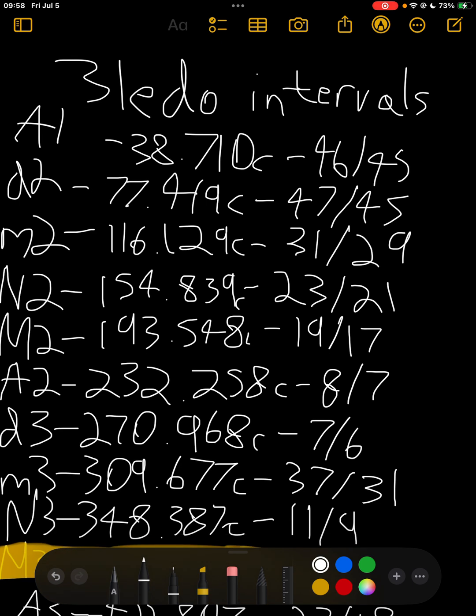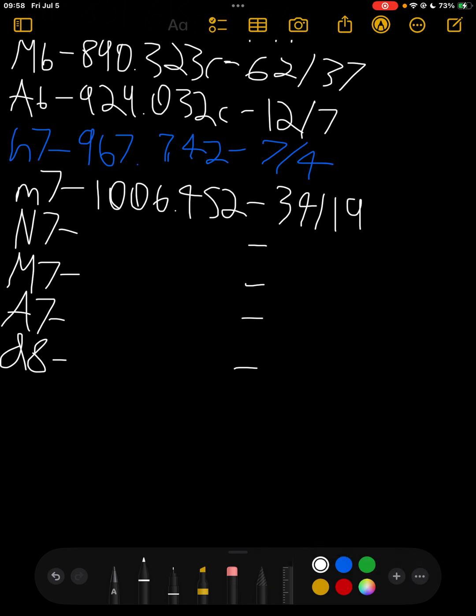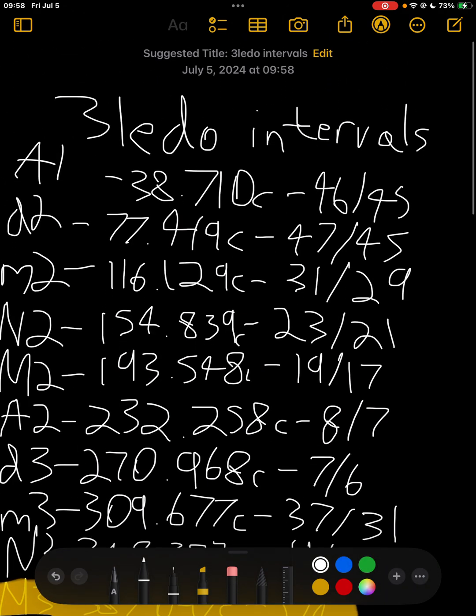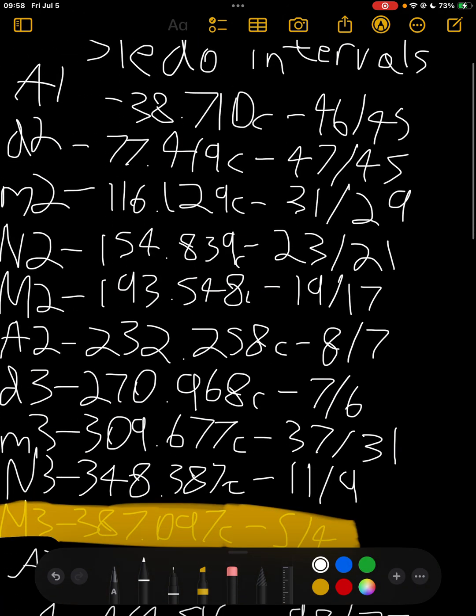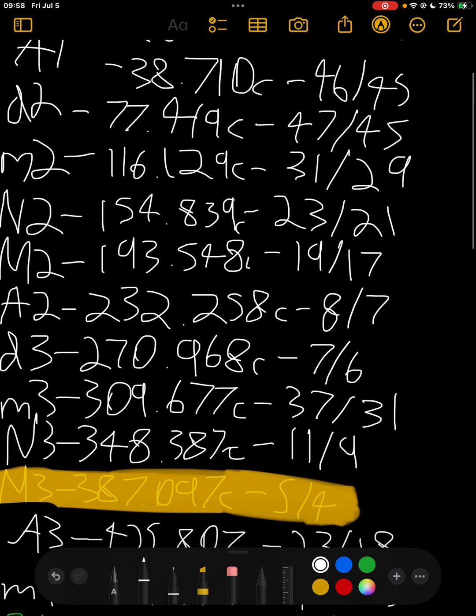We have 42 to 23 and 58 to 31. And then our final two ratios before we reach the octave would be 90 to 47 and 45 to 23.